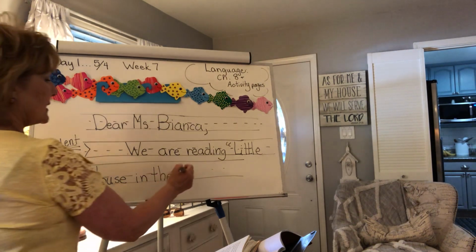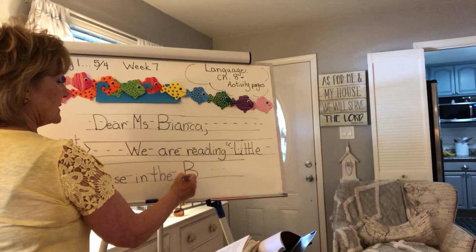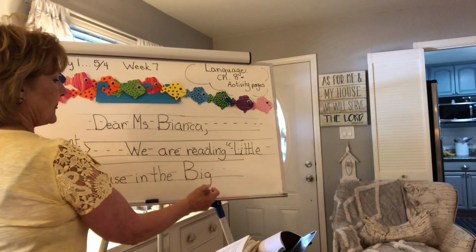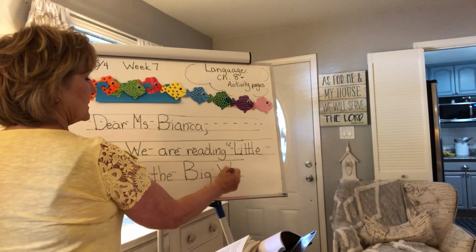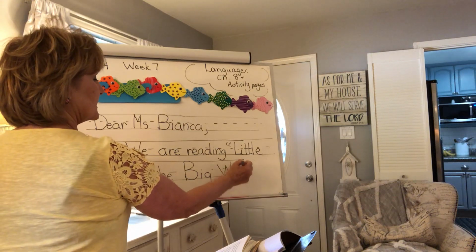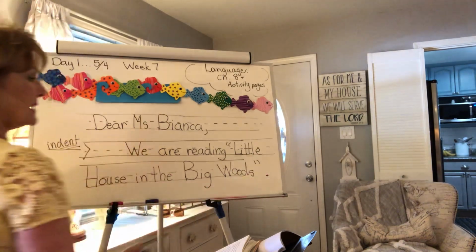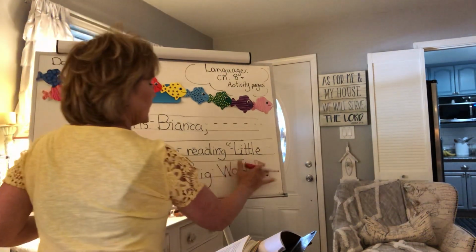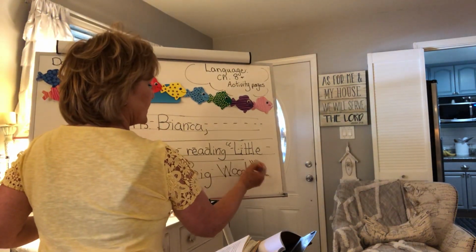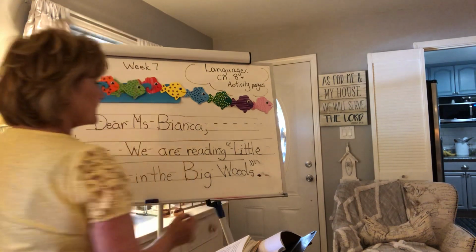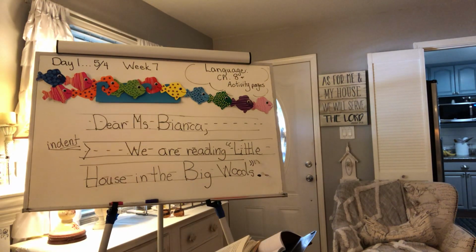Little House in the, capital B for Big, and capital W for Woods. And then the period goes outside the quotation mark this time because the quotation marks are for the title, okay? We are reading "Little House in the Big Woods".